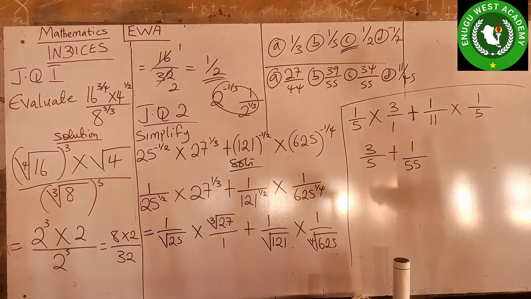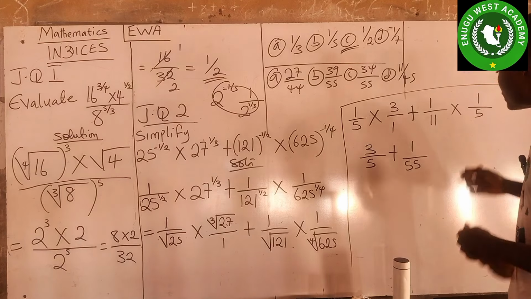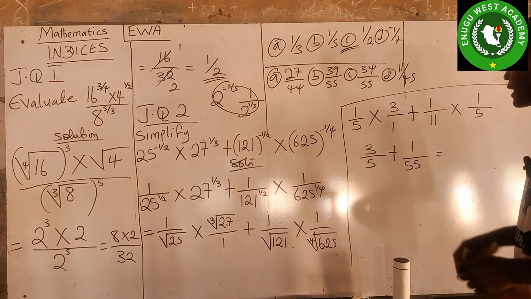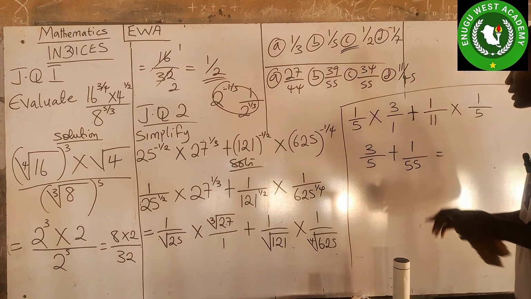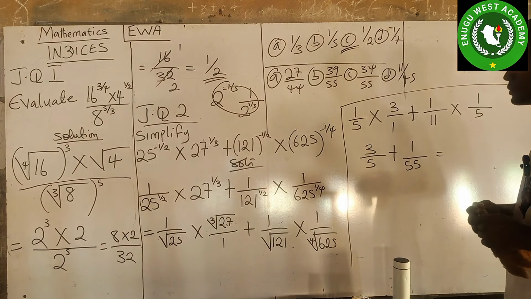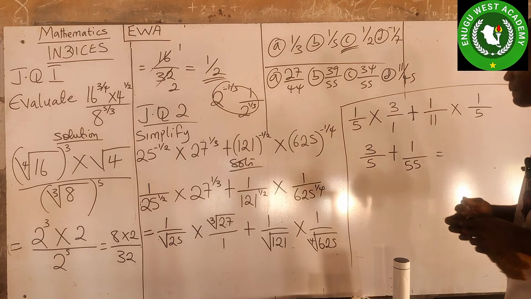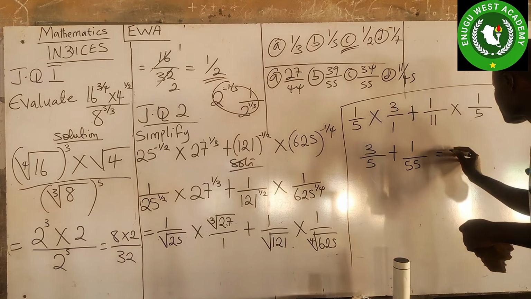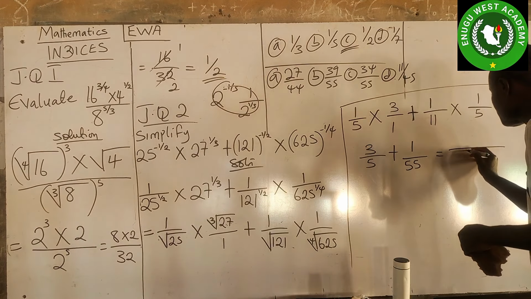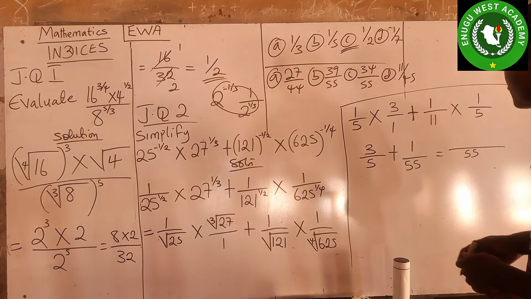So here comes addition of fractions. I believe we all can do this. Now this will be equal to... Now we are going to look for the LCM of 5 and 55. The LCM of 5 and 55 is 55.